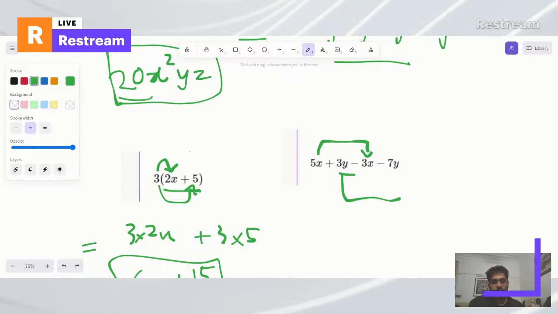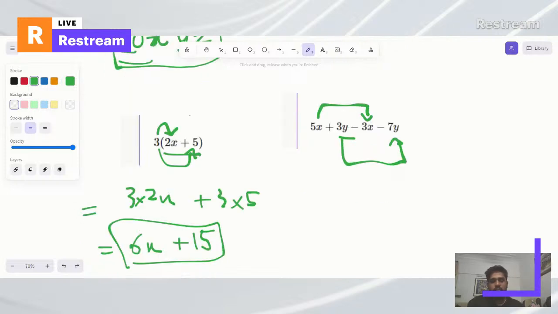Similarly, 3y can only be added or subtracted with 7y over here. All right, so if I have to subtract 3x from 5x, how do we say this? We say this like we're subtracting 3x from 5x. Okay, and the other part we're gonna write 3y minus 7y. Okay, so we can only add or subtract the like terms, right?